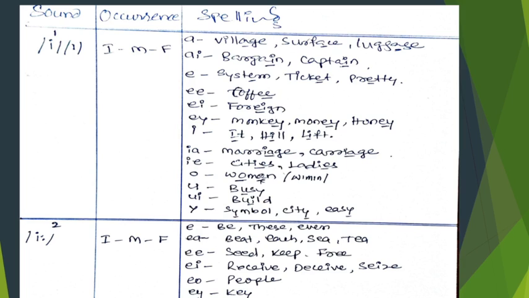For example, busy. ui is also giving i sound. Build, build. People used to say this one as build. No. y is also giving i sound. For example, symbol. Okay, so please note down, this is very important. Which letter is giving which sound is important.